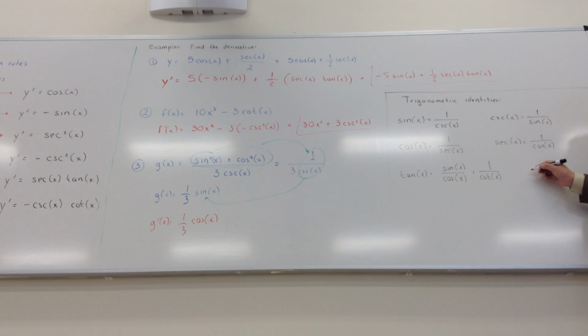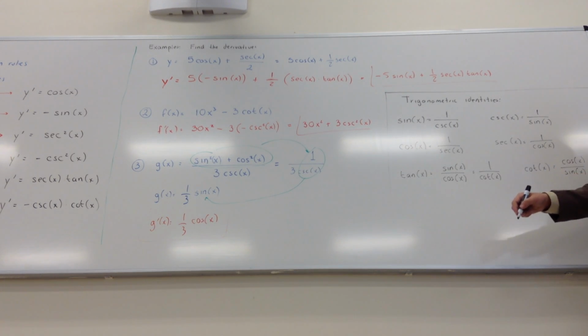Cotangent is cosine over sine, or 1 over tangent.